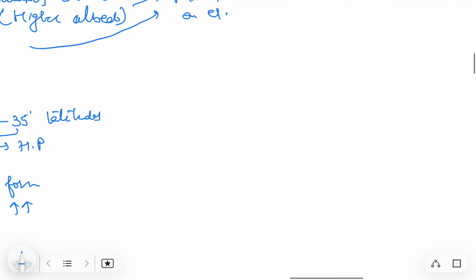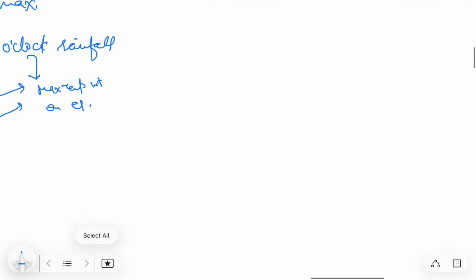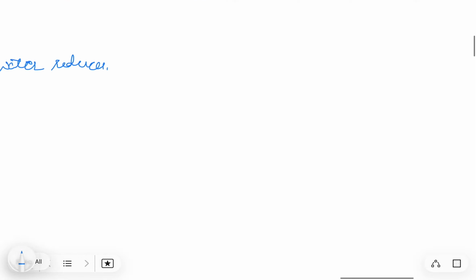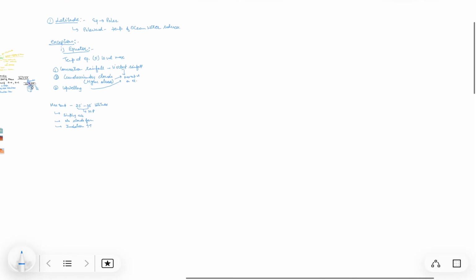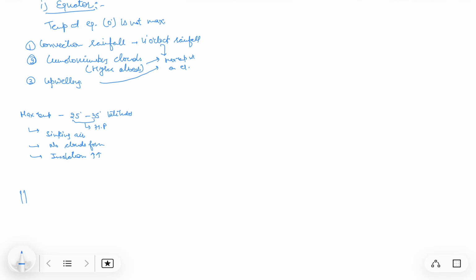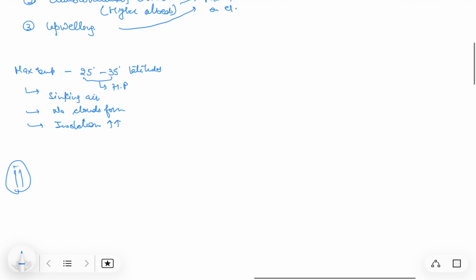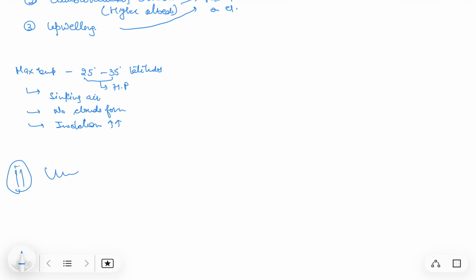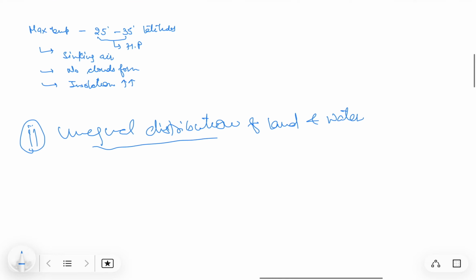Next we have the unequal distribution of the land and the water. The second factor is the unequal distribution of land and water. How will it affect the distribution of the temperature?